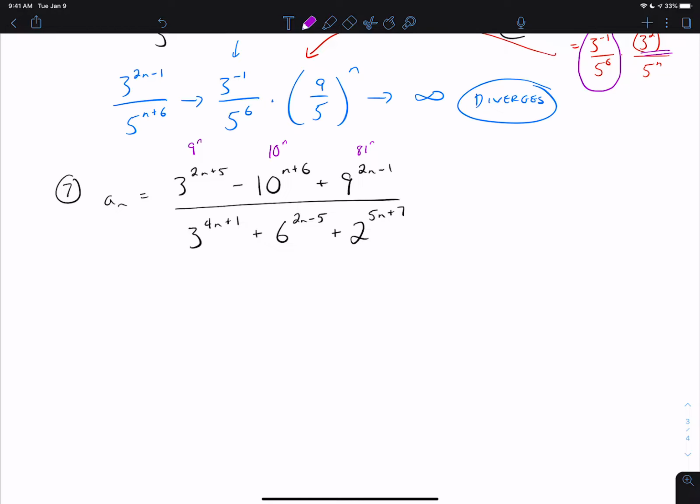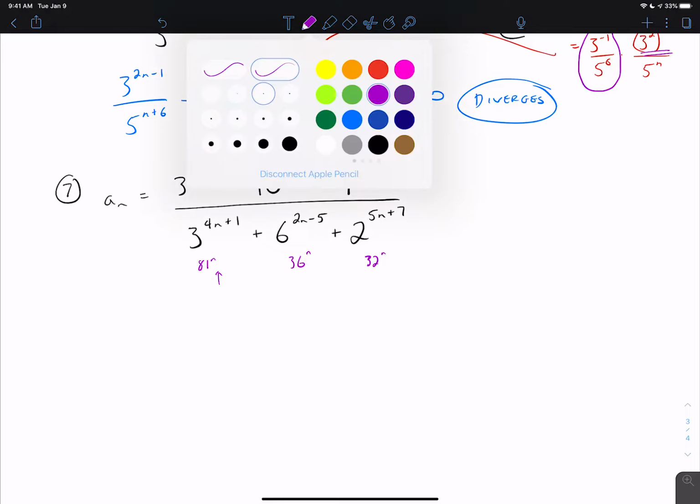So we take this term when we're looking at the dominant term. On the denominator, we've got 81^n here because it's 3^4. We've got 36^n here because it's 6 squared. And we've got 32^n here because it's 2^5. So the largest is 81^n.